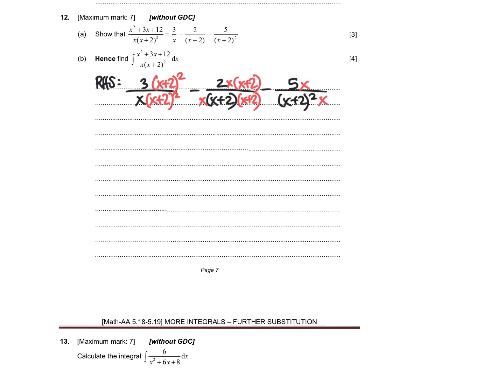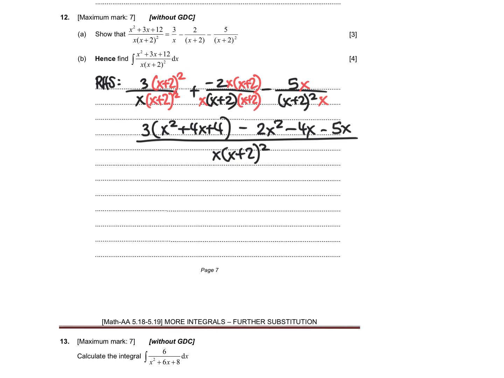So we will have 3, expanding this out, x squared plus 4x plus 4 minus 2x squared minus 4x. Don't forget, this is like plus a negative, so that negative needs to stay with that 2. Then minus 5x over our x times (x plus 2) squared.